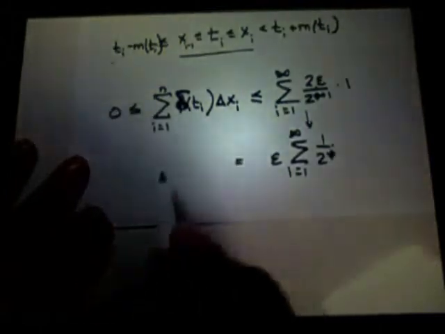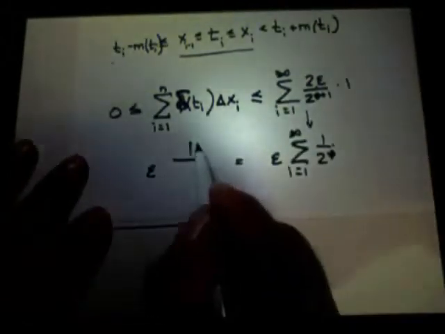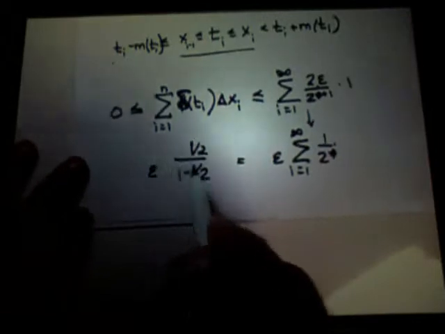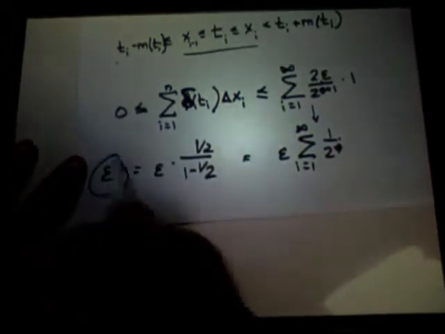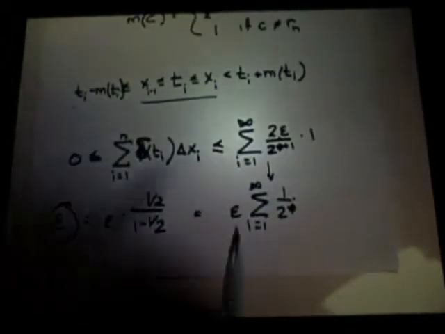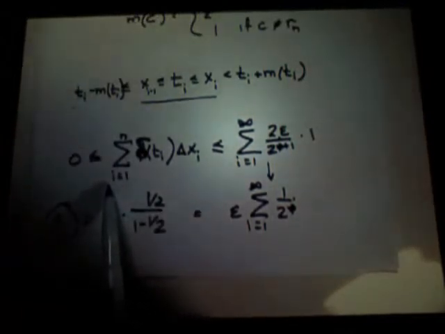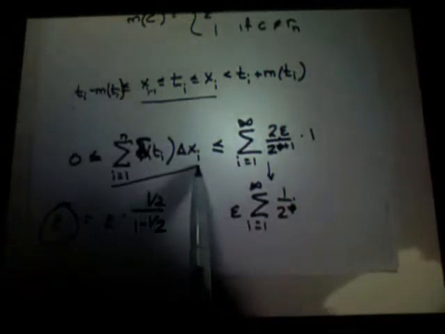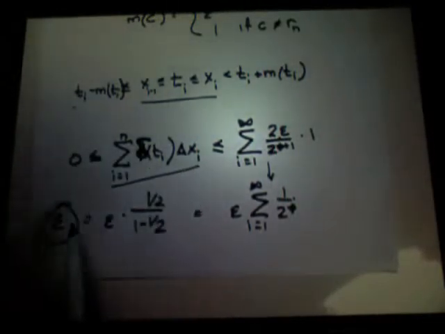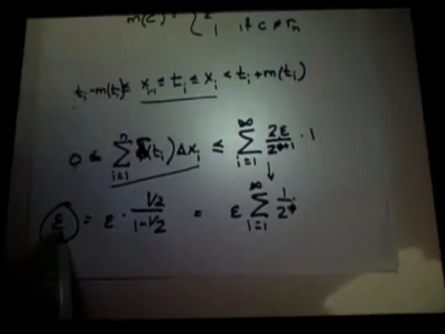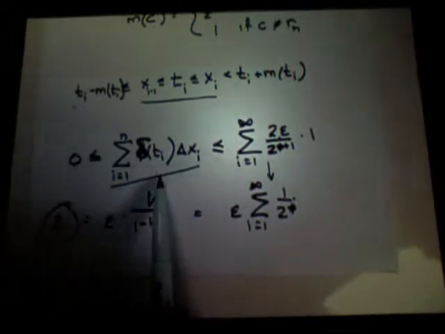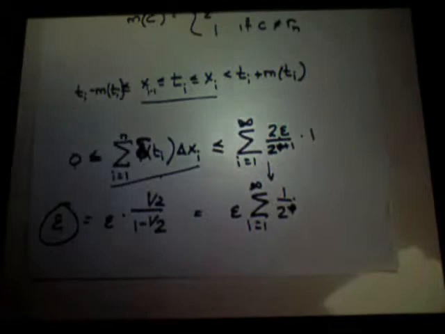Yes, sir. It's 1/2 over 1 minus 1/2. So that's epsilon. So every Henstock-Kurzweil sum is stuck between 0 and epsilon. Let epsilon go to 0. What's the integral? 0. So this thing will integrate the Dirichlet function.